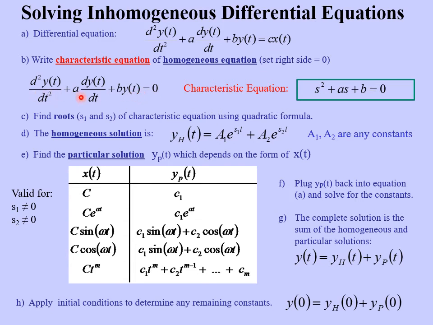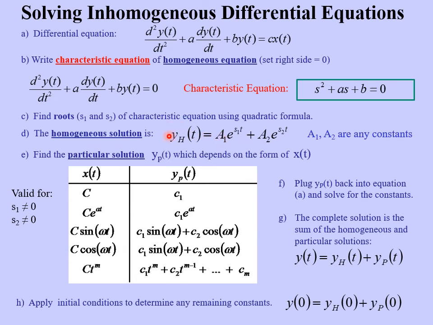So, if the equation looks like this here, by inspection we have s squared plus a times s plus b equals 0. There's our characteristic equation, and then we would solve for the roots, by either factoring or the quadratic formula, however we need to do it. And those roots will give us the homogeneous solution.